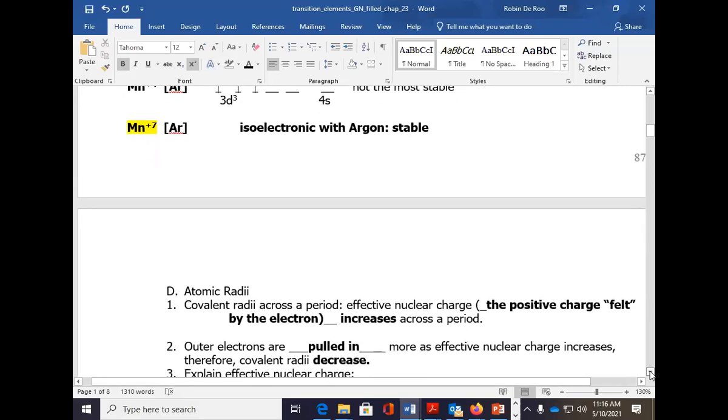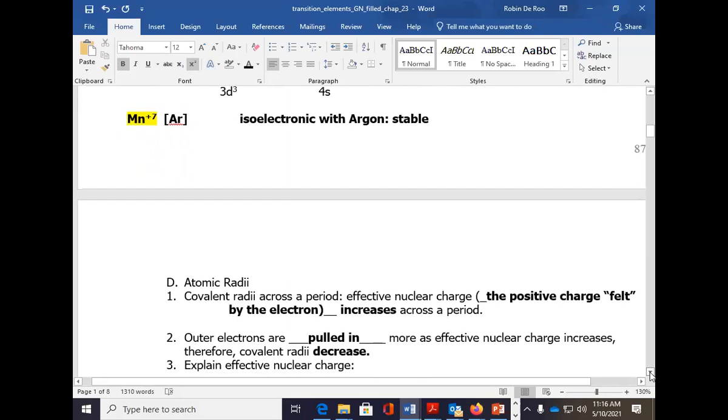So the outer electrons are pulled in more as the effective nuclear charge increases, and then the orbital gets smaller, and so the covalent radii decrease.